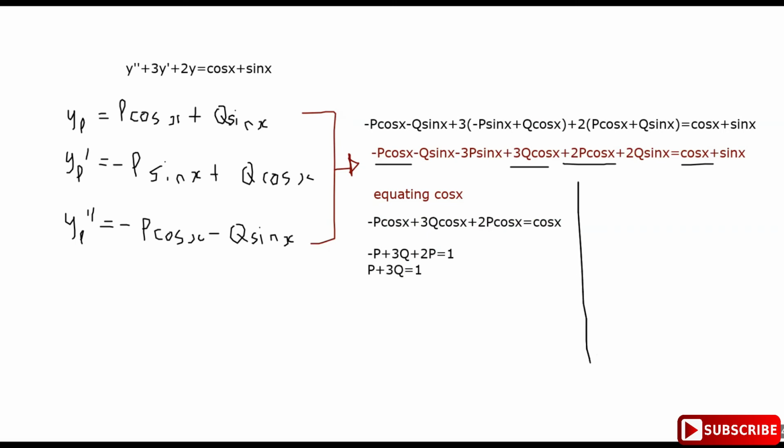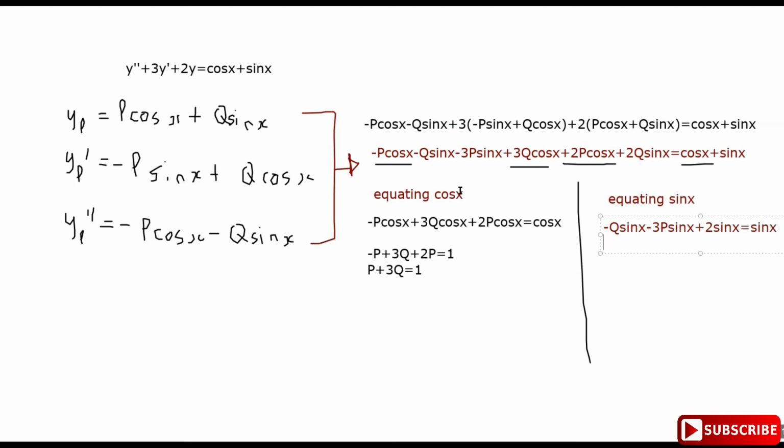Now over here, I'm going to be equating my sine x. So equating my sine x, what I'm going to get is minus q sine x, minus 3p sine x, and that is now plus 2q sine x, that equals sine x.